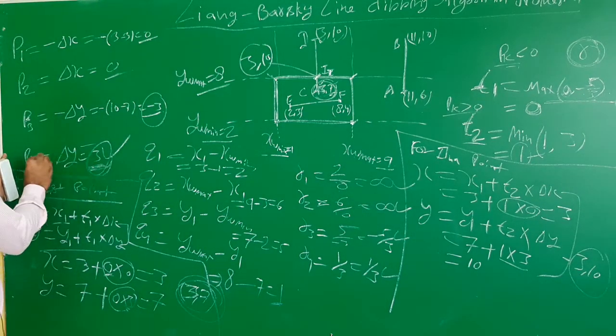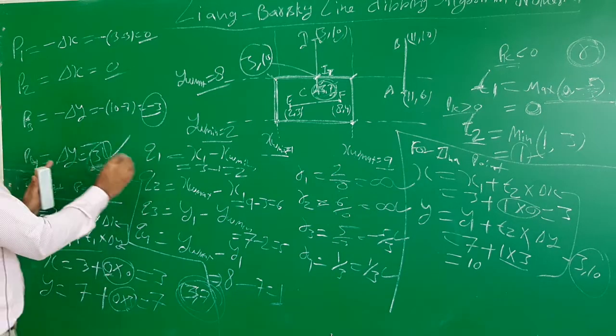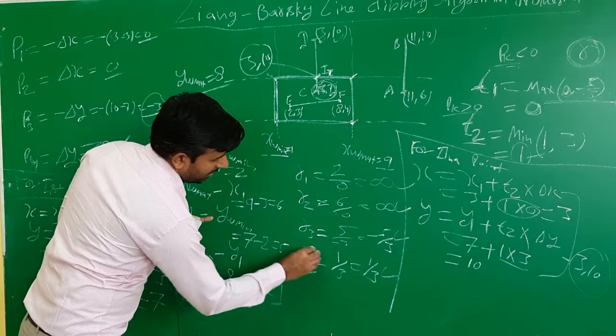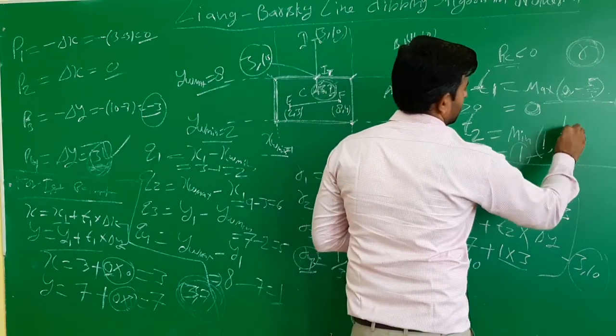Look, P4 is greater than 0, then the P4 value is considered, and for P4 we will take the R4 value, and R4 is 1 by 3.